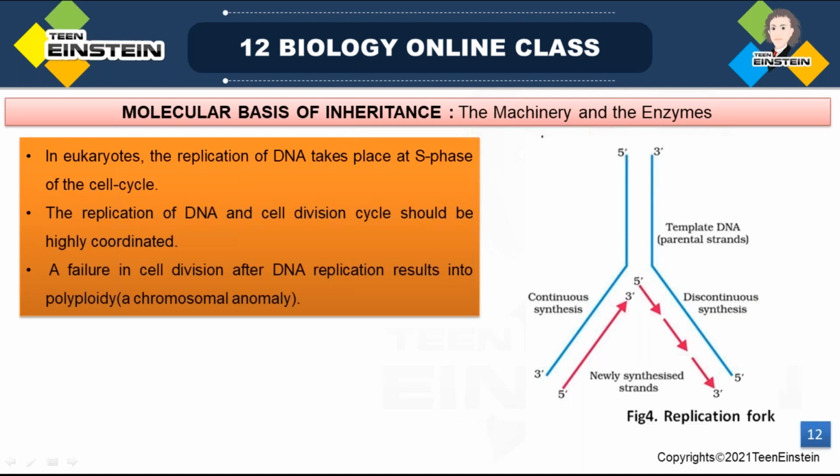Next, in eukaryotes, the replication of DNA takes place in the S phase of the cell cycle. The replication of DNA should be in a highly coordinated way.